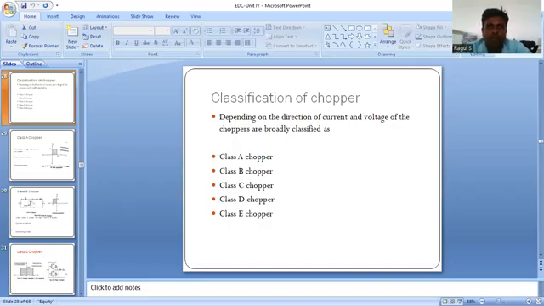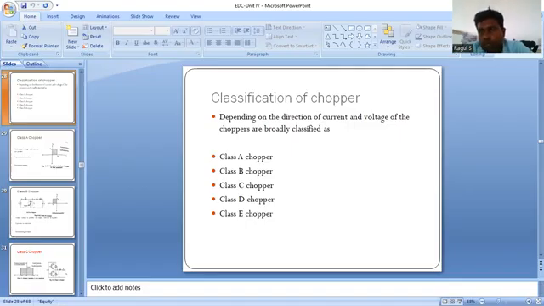Where are we using this kind of chopper? Especially in DC motor drives, where the output is DC. Other than that, battery operated vehicles, switch mode power supplies, and battery chargers where uncontrolled rectifiers give DC to choppers. Traction and drives are main applications of choppers, because in traction and drives, four quadrant operation is possible for energy saving.